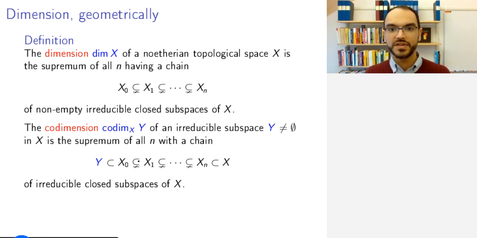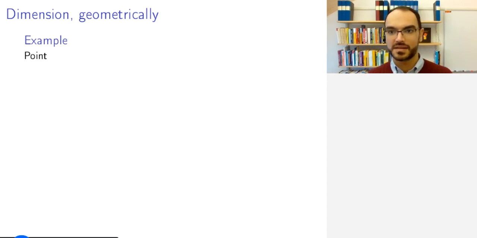Also, given an irreducible subspace Y that is not empty and that sits inside X, we define the codimension of Y in X, denoted in this way, to be, so to speak, the part of the dimension that remains from Y up to X. So it is the supremum of the lengths of all chains of irreducible closed subspaces that contain Y. Let's look at examples.